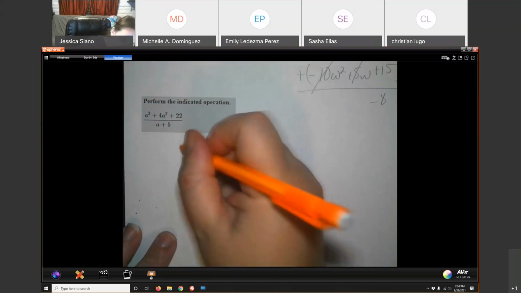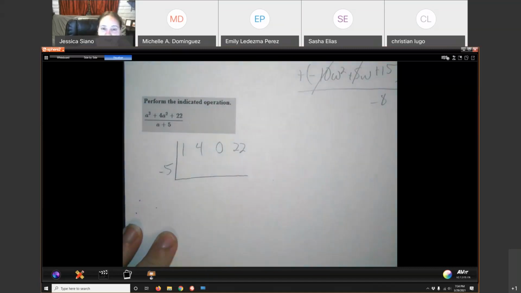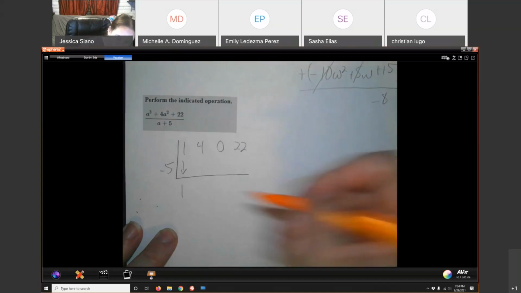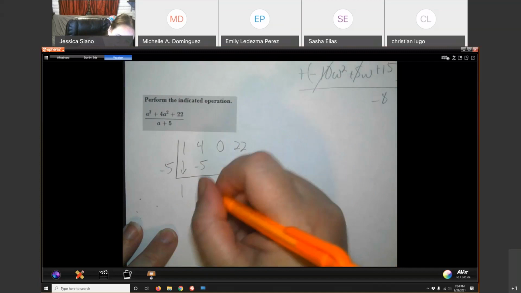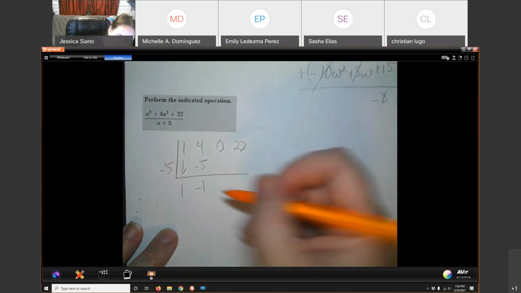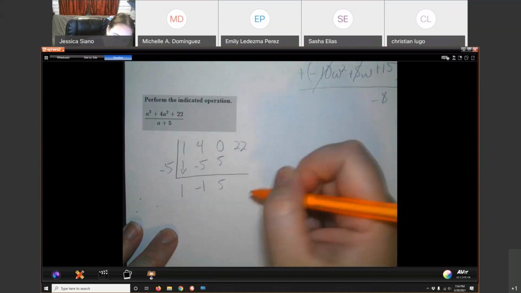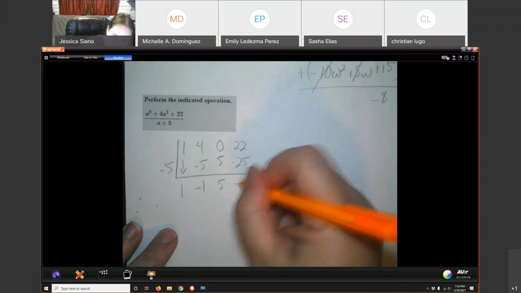And then change this sign and bring it down. So a negative 5 on the outside. So we have 1 times negative 5, and then add, times negative 5, and then add, times negative 5, and then add.